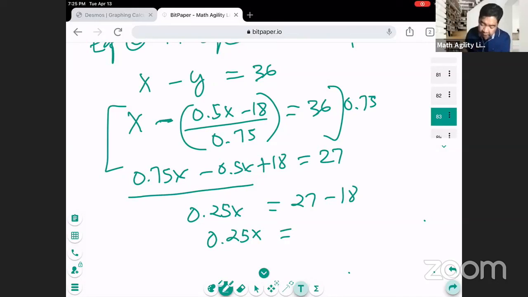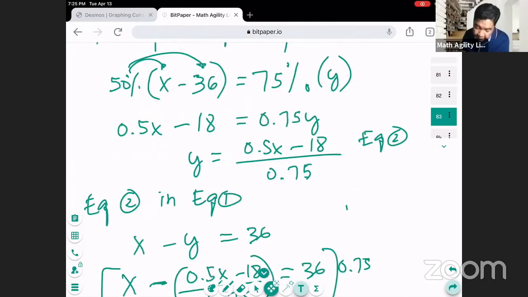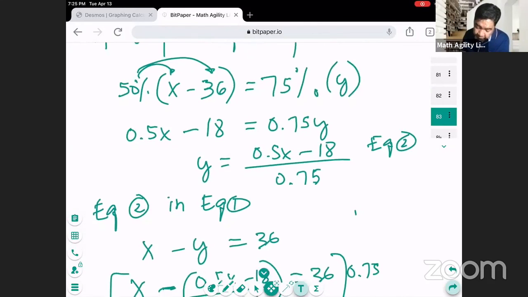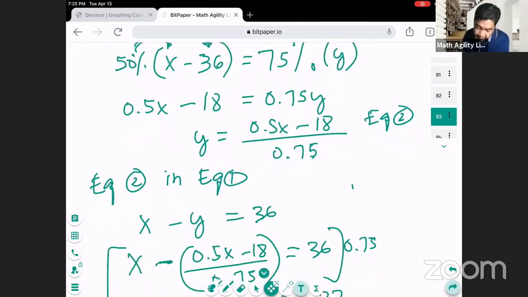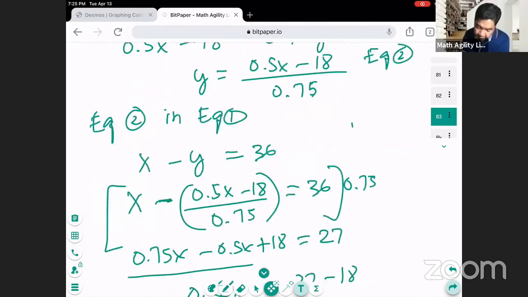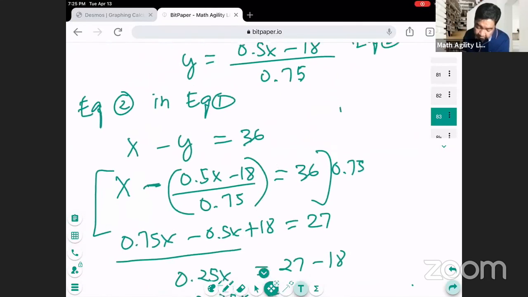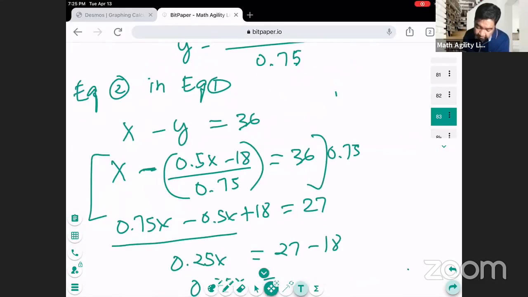hold on. So is this 0? Why does this become, hold on, let me double check. This would be negative. This would be positive.